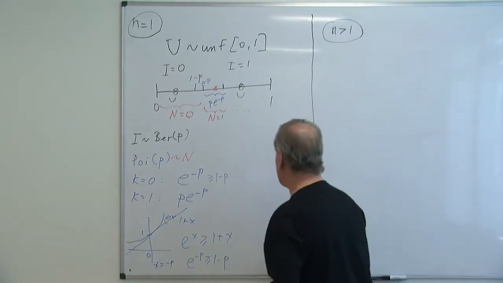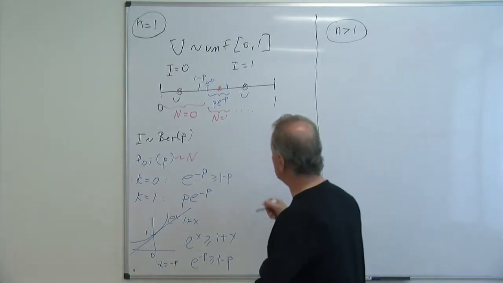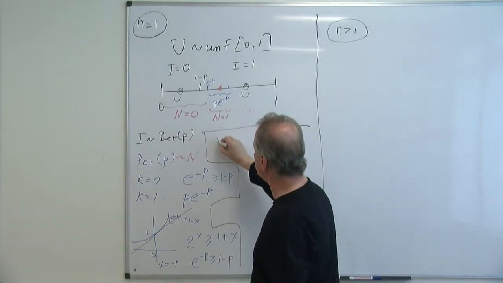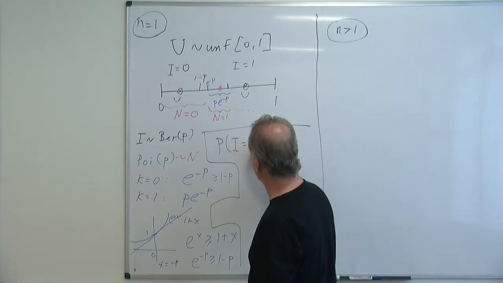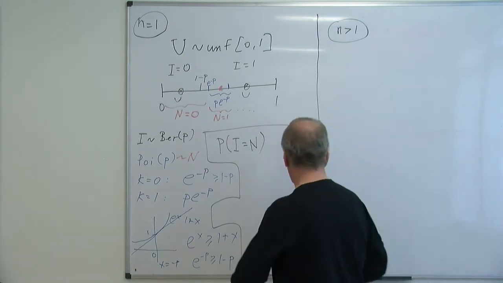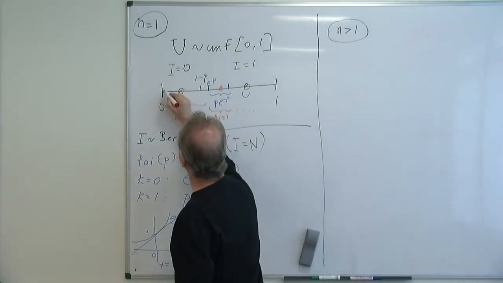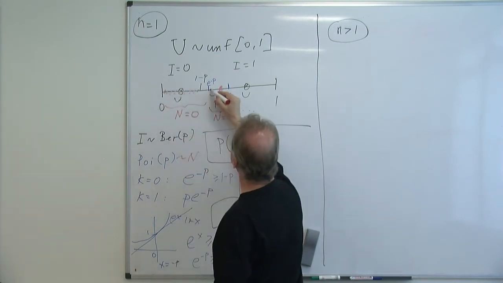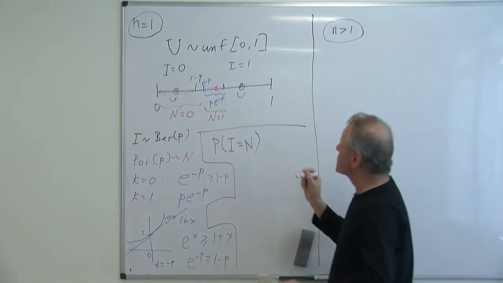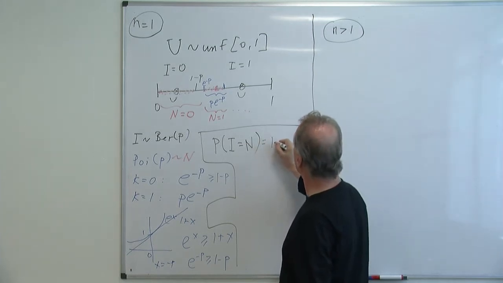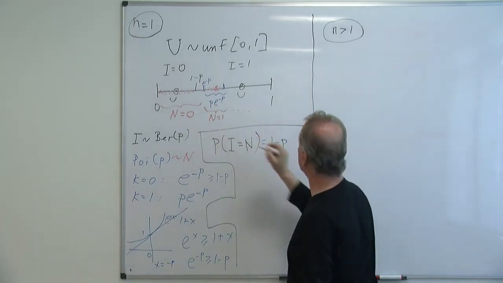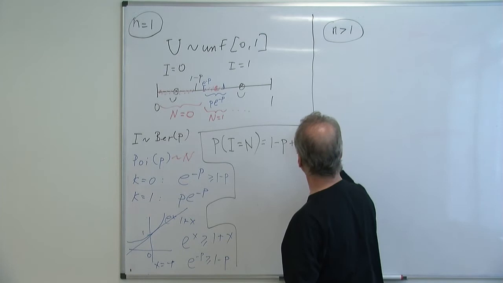Now, look at the probability that I is equal to n. There are two cases where this happens. It's here and it's here. So this probability is exactly 1 minus p plus this length, which is p e minus p.